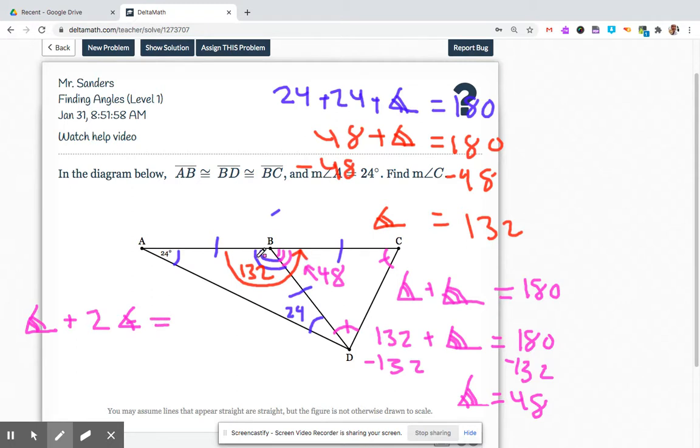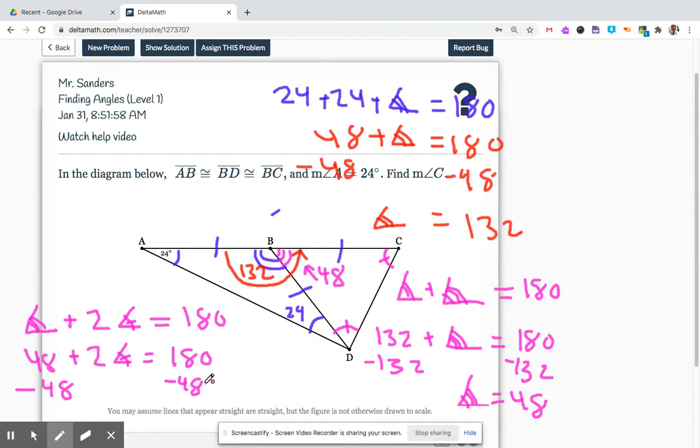All 3 angles in this triangle have to equal 180 degrees. So the triple angle was 48 plus 2 times the single tick angle equals 180 minus 48.